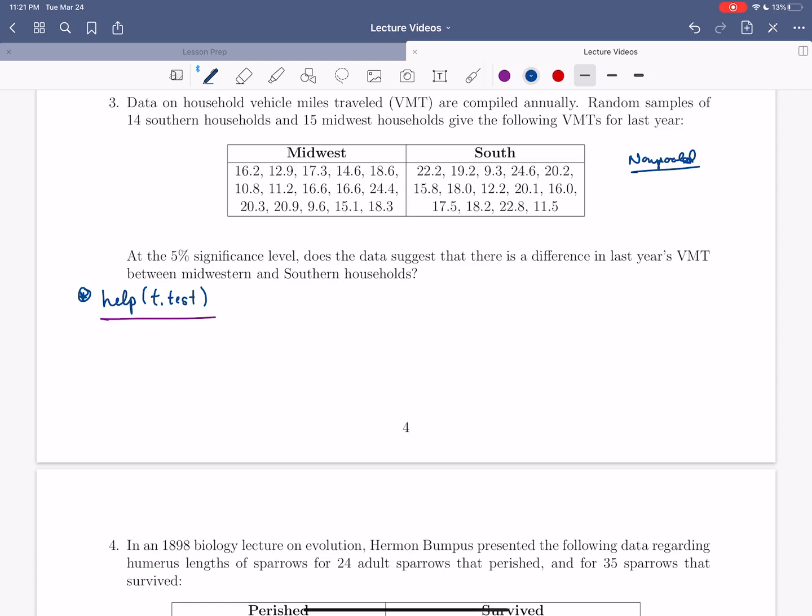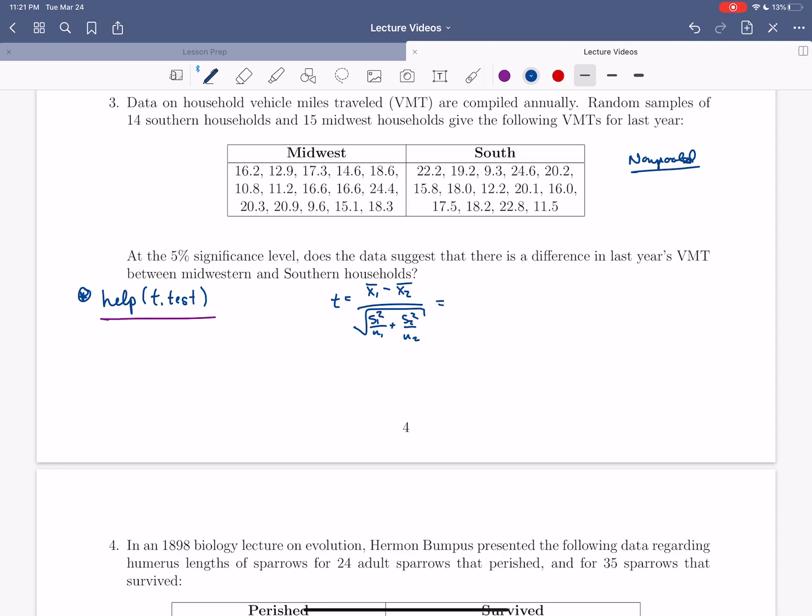So what that means is that our test statistic, t1, is going to be x1 bar minus x2 bar over the square root of s1 squared over n1 plus s2 squared over n2, and that's it. That's our test statistic.